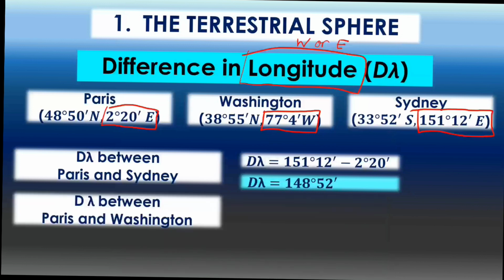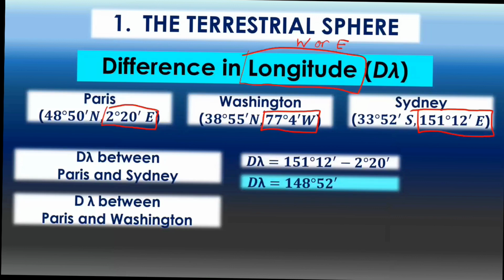Next, Paris and Washington. Paris is east, Washington is west. If one is on the east and one is on the west, you add the longitudes. After adding, if the sum is less than 180 degrees, then that sum is the answer.